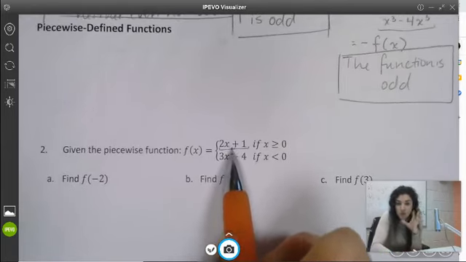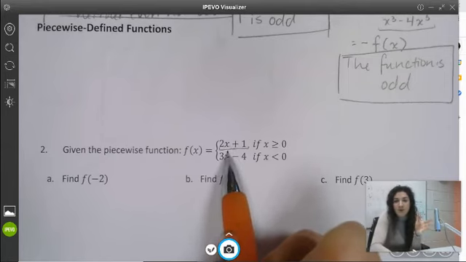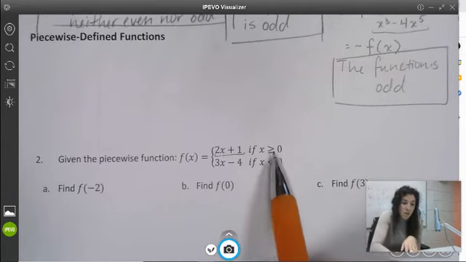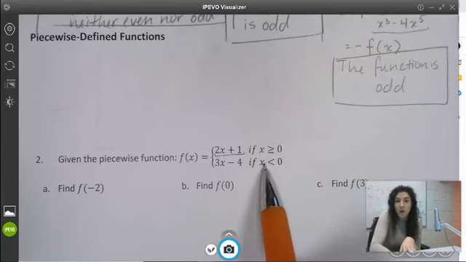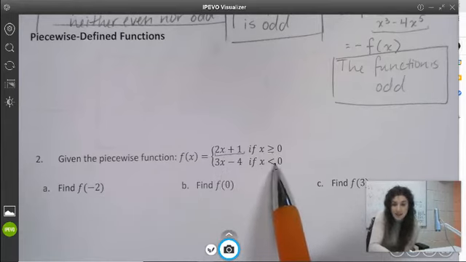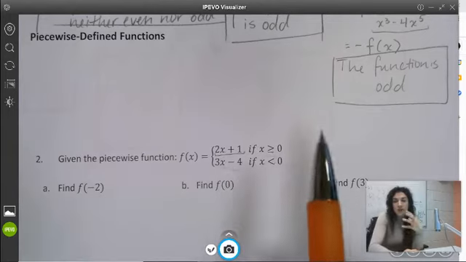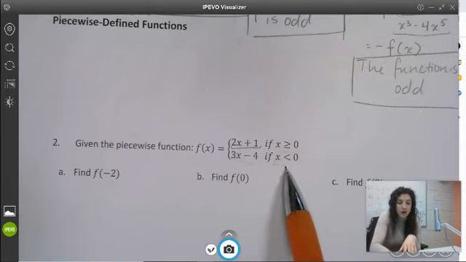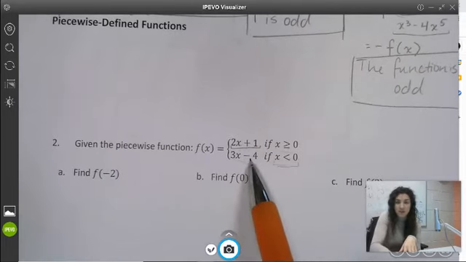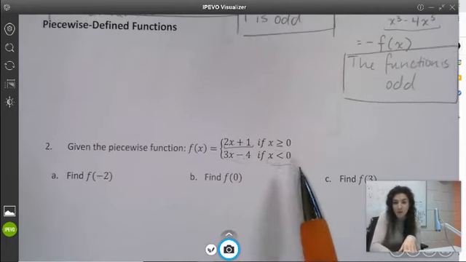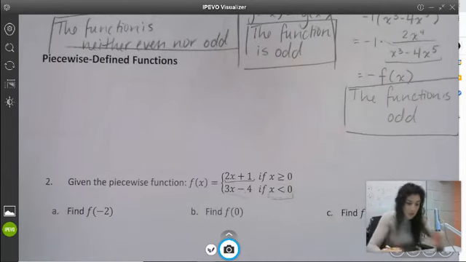You are going to use 2x plus 1, this specific type of linear function, when x is greater than or equal to 0. Or when x is strictly less than 0, you're going to use this part of the function. So it's this idea of the certain part of the domain, you're using different equations to find out what those y values are.